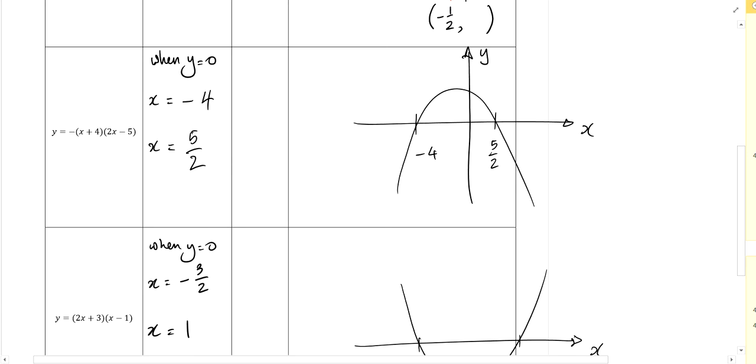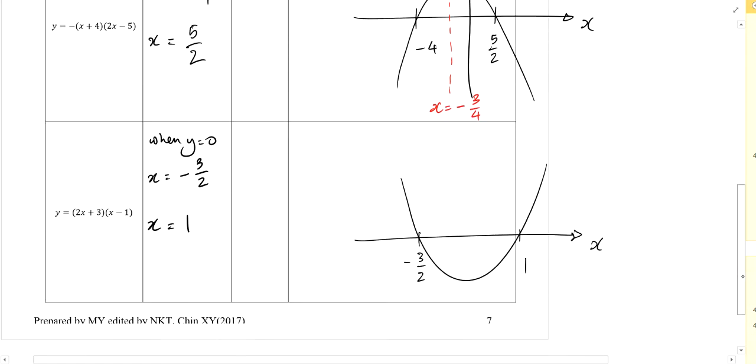What about my line of symmetry? x equals negative 3 over 4. This is my line of symmetry. So my maximum point will have the coordinates negative 3 over 4, comma, blank. I'll fill it in later.